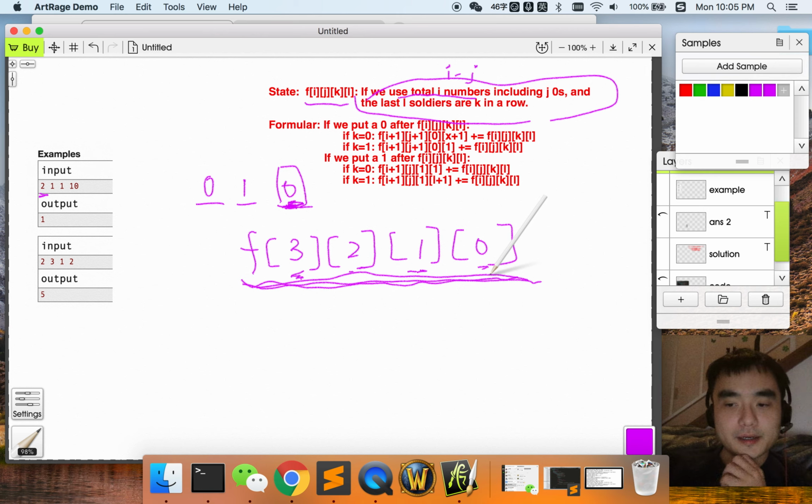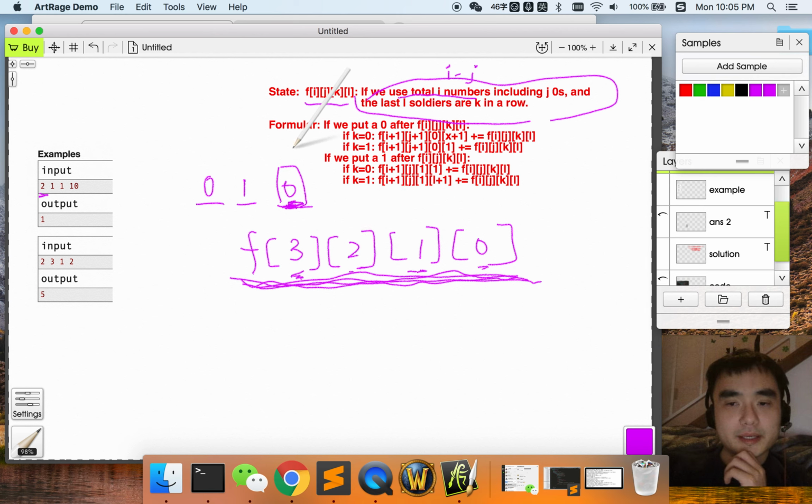So how many arrays are valid for all these constraints? This is the number of possibilities.